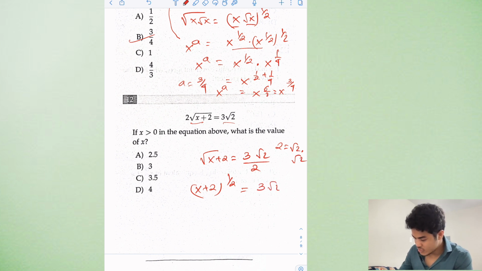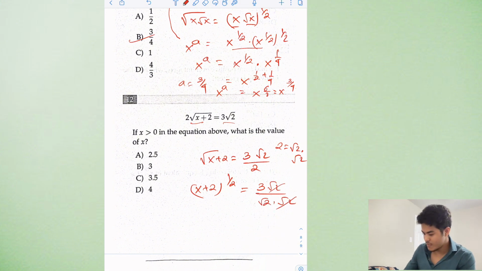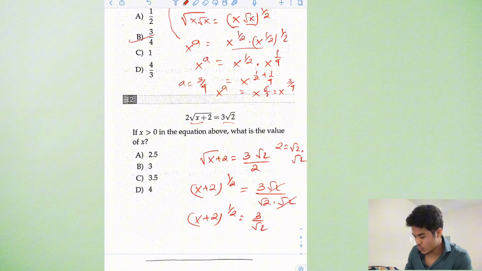So 3 root 2 over root 2 multiplied by root 2, so we can cancel out one term, and we are left with this term 3. And here, if we take a square of this equation on both sides, then we can cancel out this term. All right, so take a square, and this cancels out, and we're left with x plus 2, and 3 squared is 9 over 2.